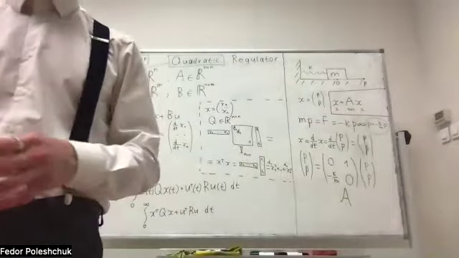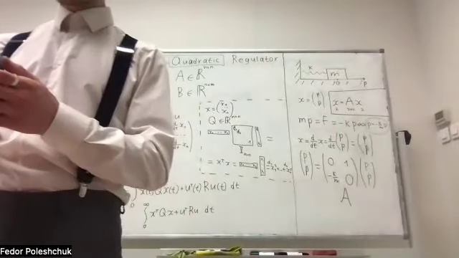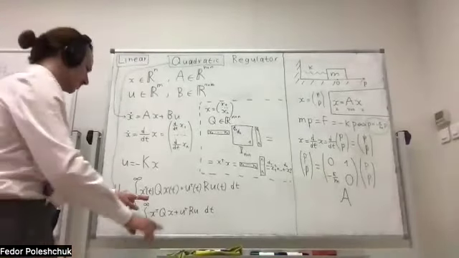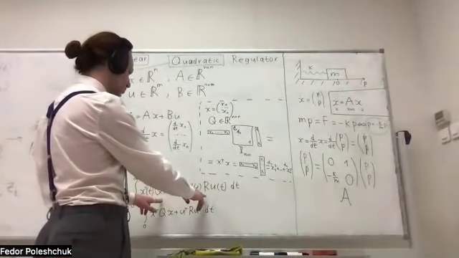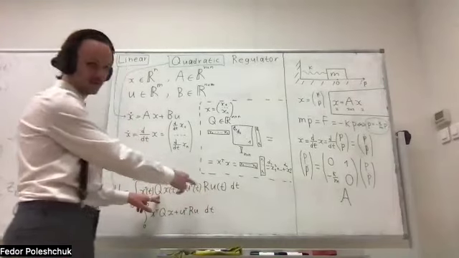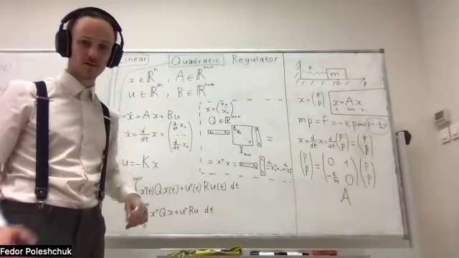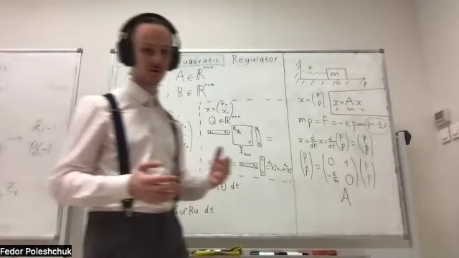Guys, are you here? Are you with me? Yes, yes, Mr. Widow. So, do you have an intuition on what's going on with those matrices? Do you get the idea behind them or not really?